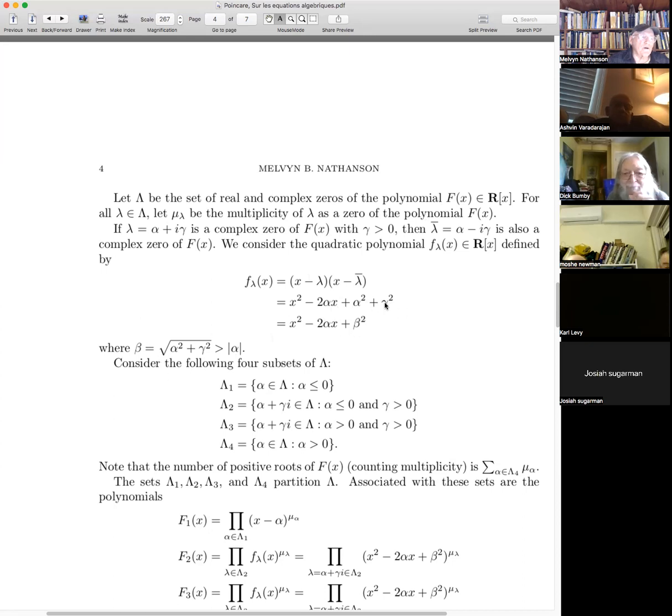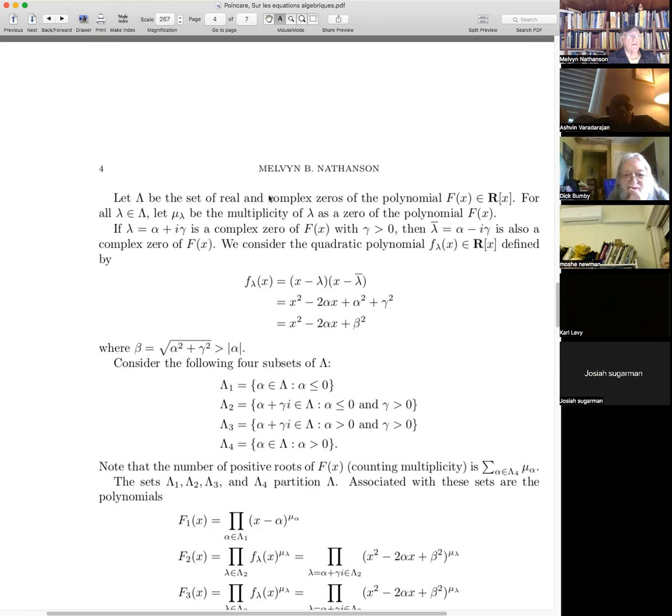So beta is the square root of this number, which is strictly bigger than the absolute value of alpha. So associated with every pair of complex conjugate zeros is this quadratic polynomial with real coefficients, and alpha and beta satisfy this inequality.